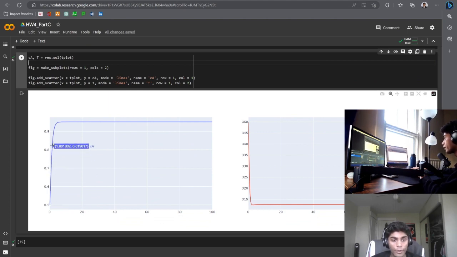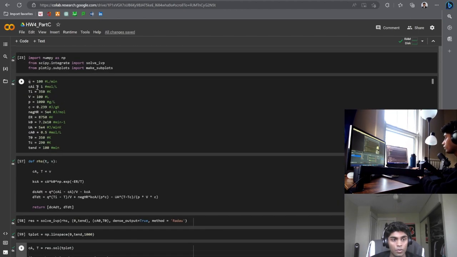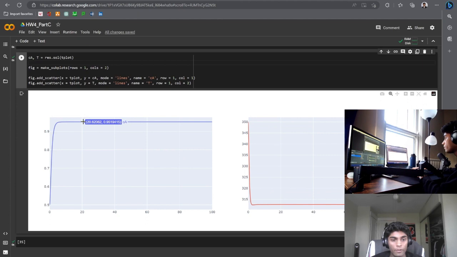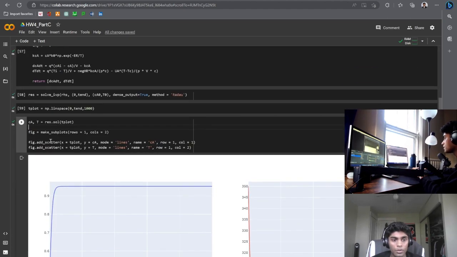So when we look over here, we see that we don't get to 1, which is the concentration that we have here. So we have 0.5 of this, or we have 5% of the initial concentration that just doesn't react in the system, which kind of makes sense because this is a pretty low coolant temperature.